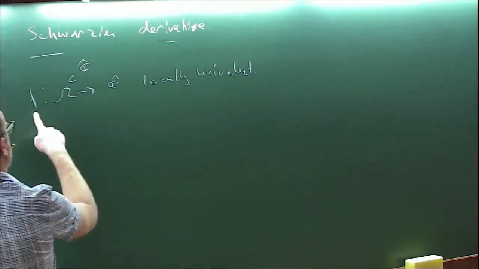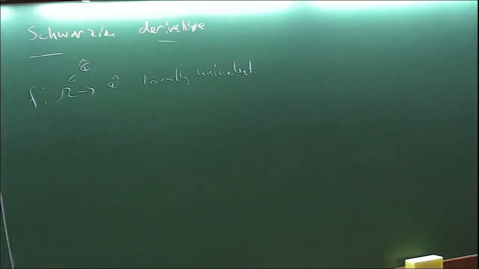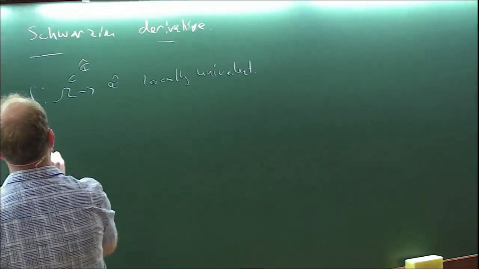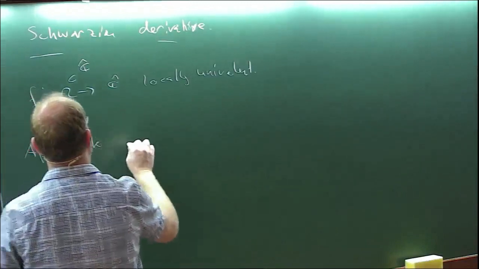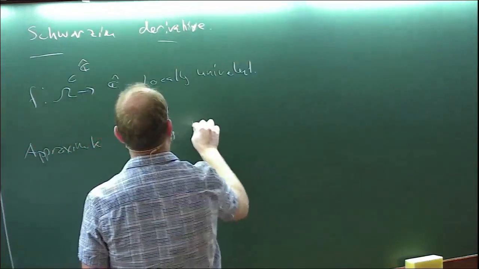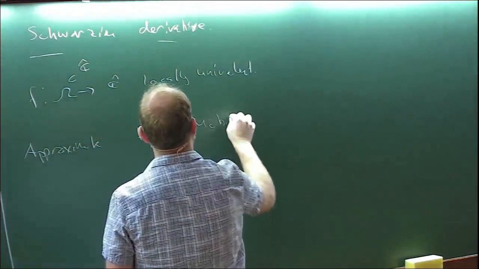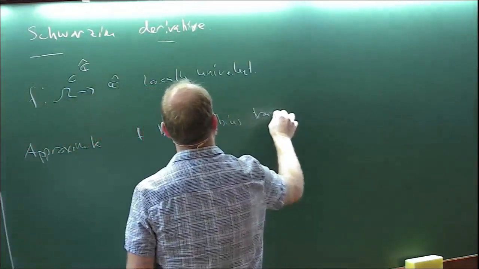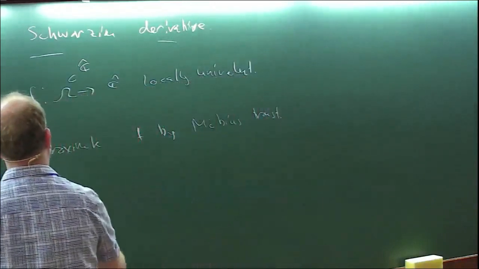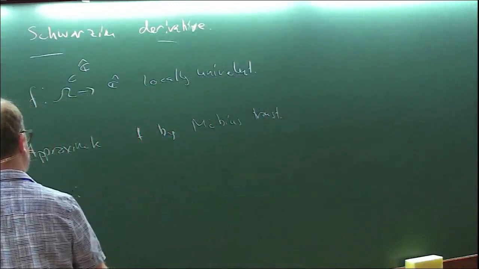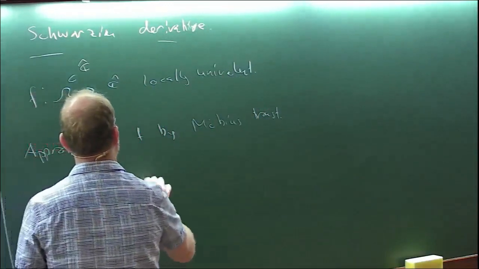Well, at each point, I want to approximate the map F by a Mobius transformation, an element of PSL2C. In particular, at every point, I'm going to define a map, which I'm going to call MF, from omega to PSL2C.